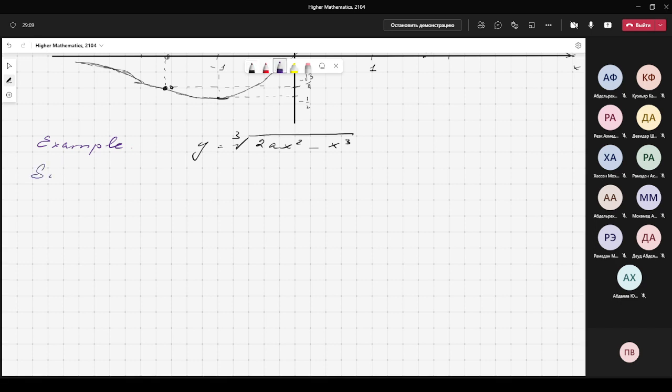Solution. The function is defined for all values of x. The second, the function is everywhere continuous.